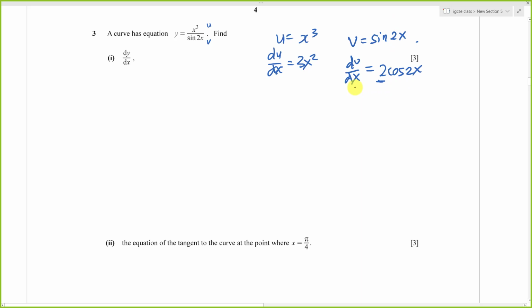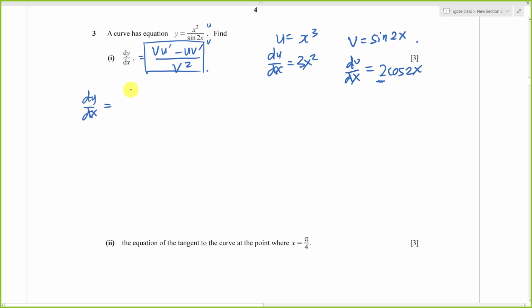So this is what happens for the quotient rule. The formula for dy dx in the quotient rule is v du minus u dv over v squared. So what I'm doing here is getting my dy dx.